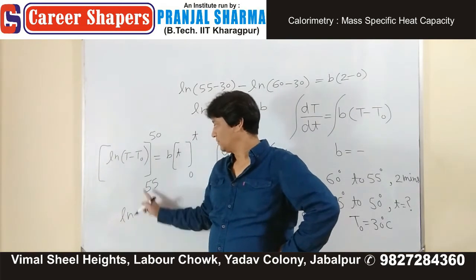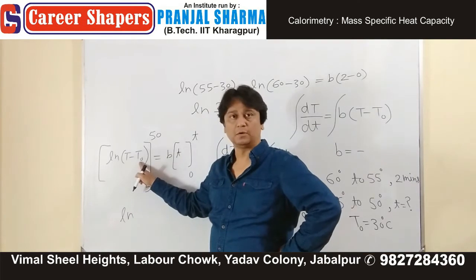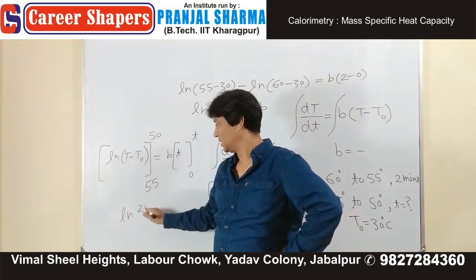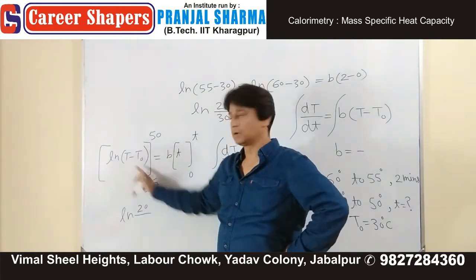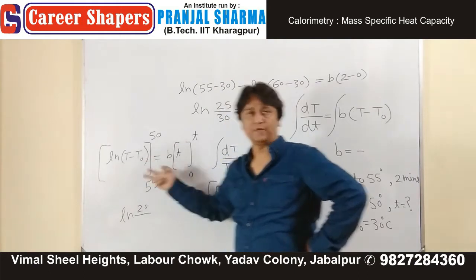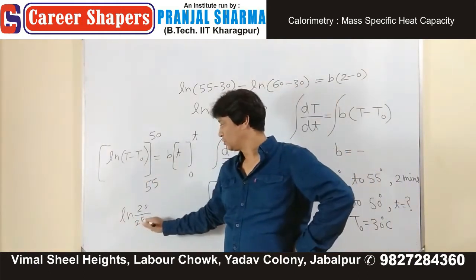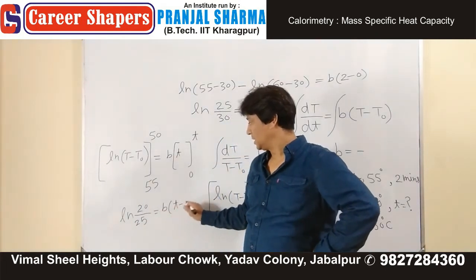This is log of upper limit 50 minus T naught 30, that is 20, divided by the lower limit 55 minus 30, 25, equals B times T minus 0.